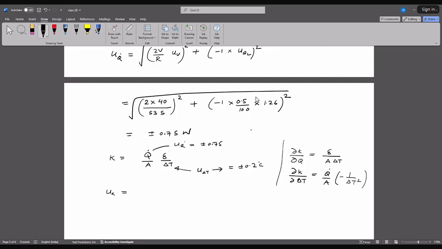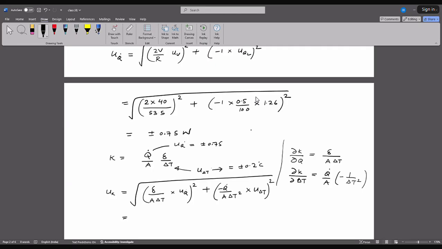So we have the square root of (delta over A delta T times UQ) squared plus (Q dot over A delta T squared times U delta T) squared.